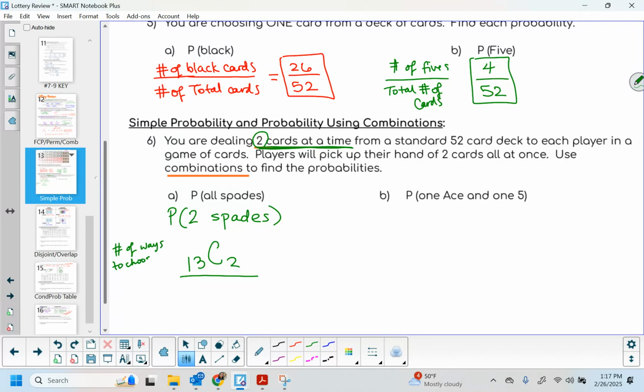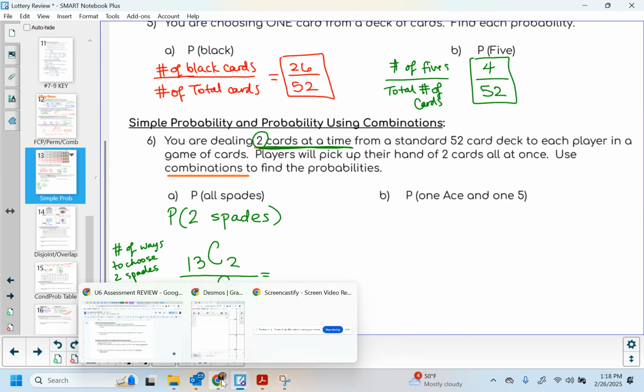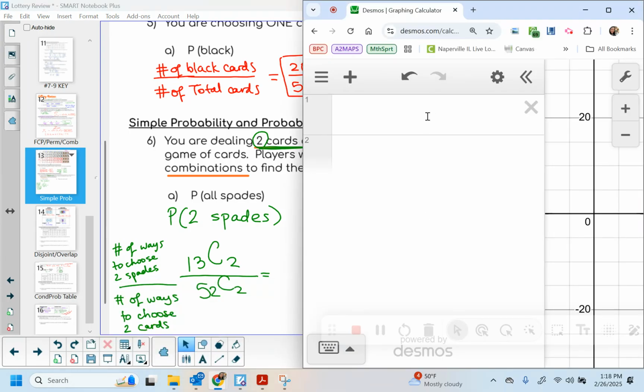to choose 2 spades. And then my denominator is going to be the number of ways to just choose 2 random cards from the whole deck. So that is going to be 52 choose 2. So I'm going to put that into Desmos with the nCr.